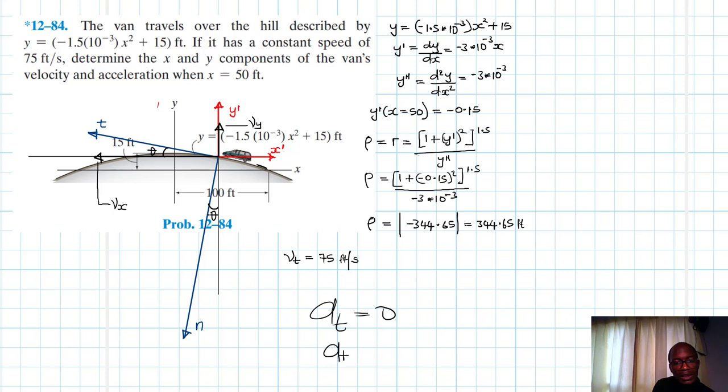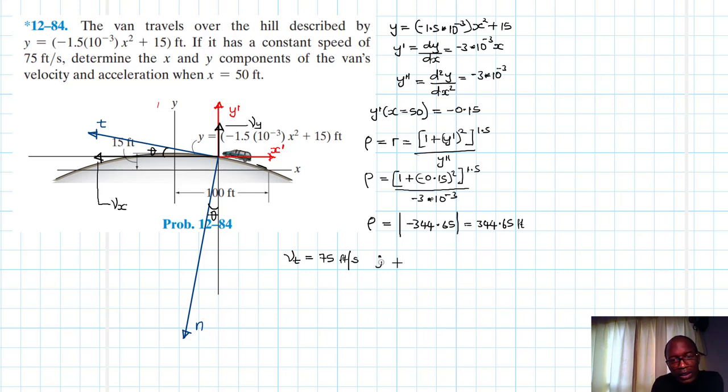But the normal acceleration is not equal to 0. There is going to be a value there. But we do have the velocity, which is constant, and we can compute it in our axes, that is in the X and in the Y. Before we compute that, we need to find theta, right?